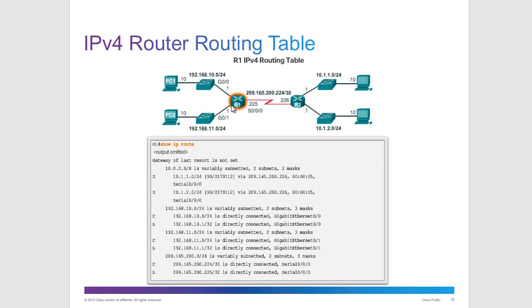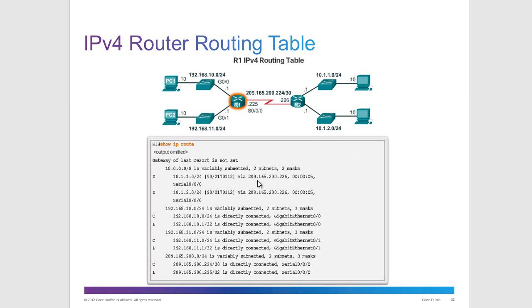Your router is going to say, I learned that from this router through 209.165.200.226, which just happens to be the interface of this router over here that shared the information with R1. So it's going to tell you the network that was learned dynamically and which device or interface shared that information with your router.